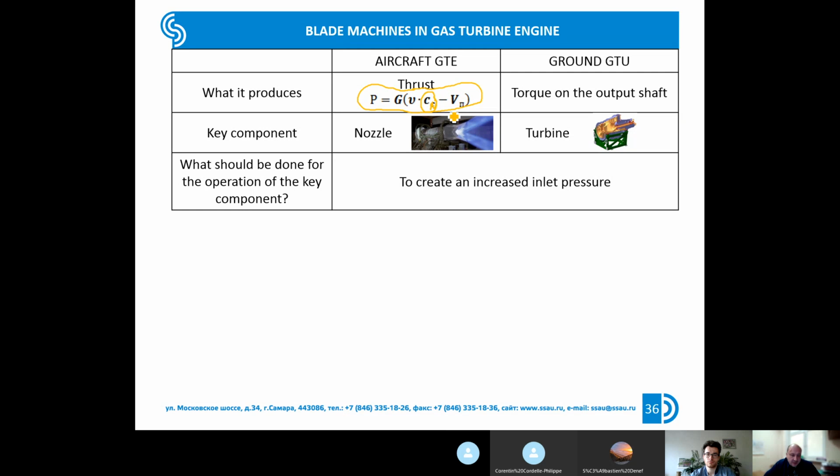But in reality, this is the equation of conservation of momentum, of fluid momentum. So I hope you know this equation. Maybe you use other designations, but this is thrust. This is the mass flow rate through the engine.